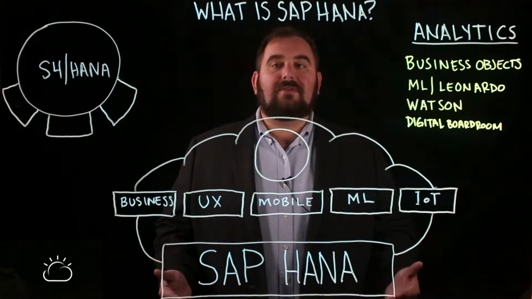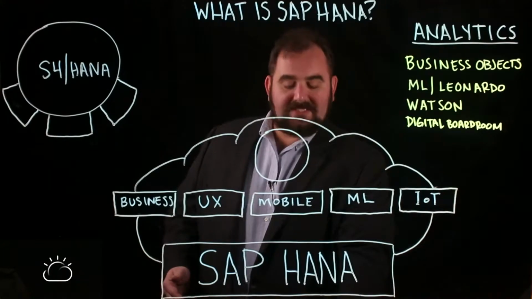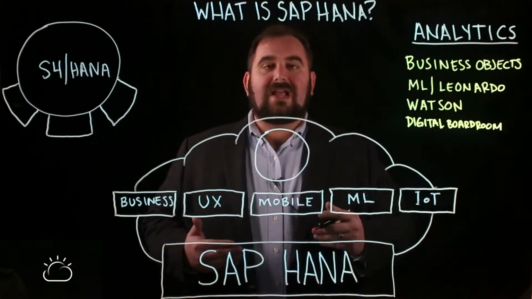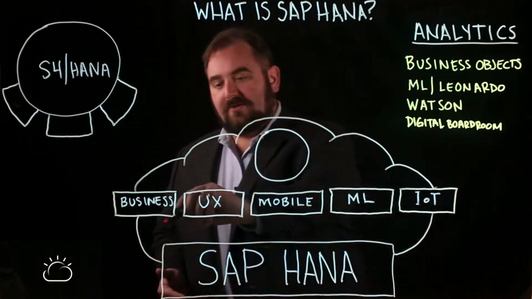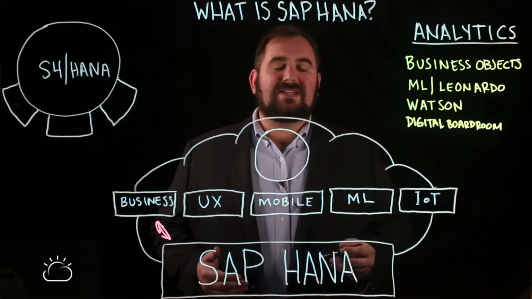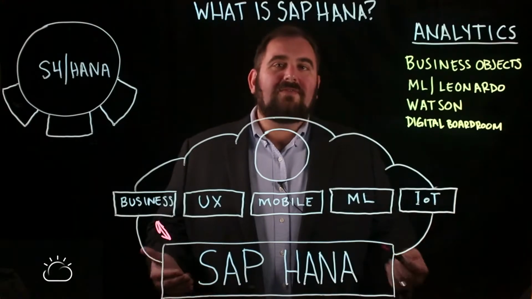Why does that matter? Because you have all of these different pieces of the business solution that are now feeding data back and forth, right? You've got a database that's constantly ingesting data from all these different sources. You've got all the traditional business sources, so that's going to be your contracts and sales data, all of the normal stuff.